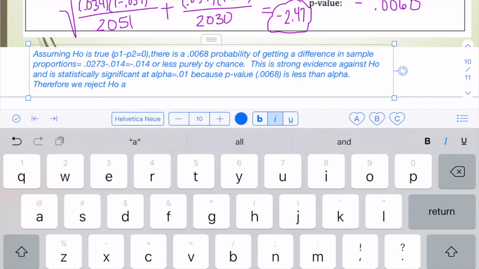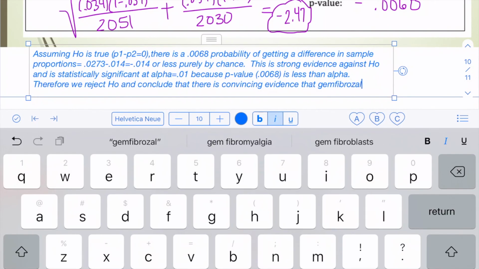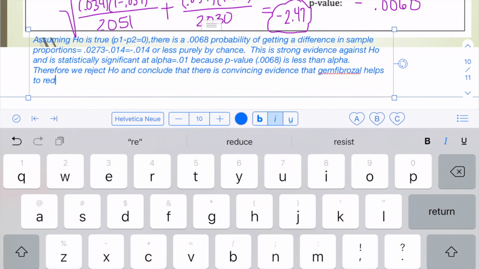and conclude that there is convincing evidence that gemfibrozil helps to reduce heart attacks in middle-aged men with high cholesterol.